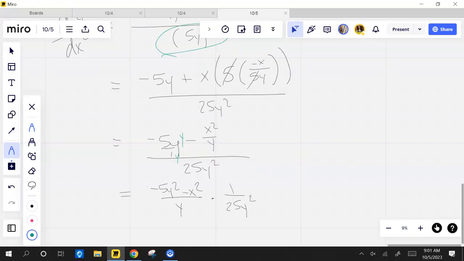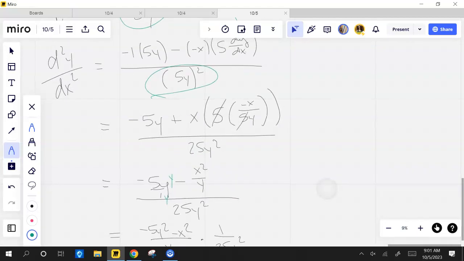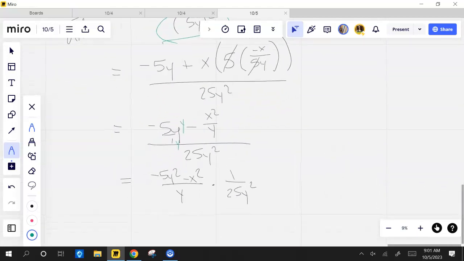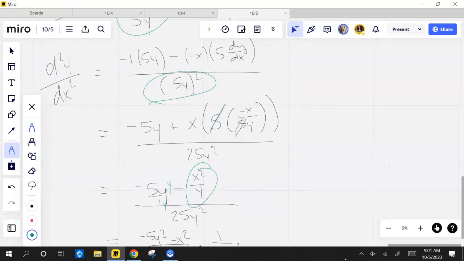No, because that one doesn't have a 5 to give. No, because I canceled this 5 out here. You could have taken this one, and left a 5 there, but then this one would still be here because it's in the bottom.